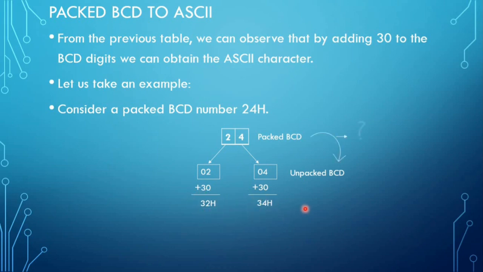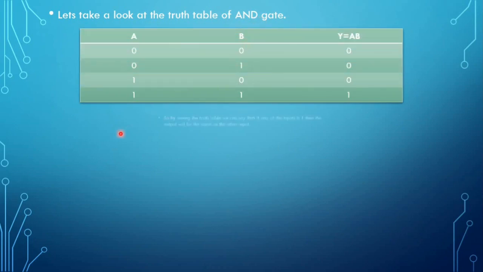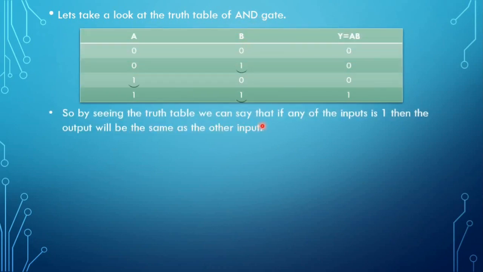Have you ever wondered how the packed BCD is converted to unpacked BCD? Let's take a look at the truth table of the AND gate. By seeing the truth table, we can say that if any one of the inputs is 1, then the output will be the same as the other input.